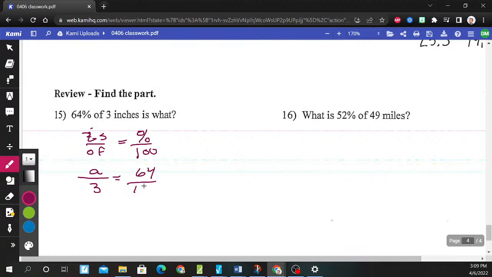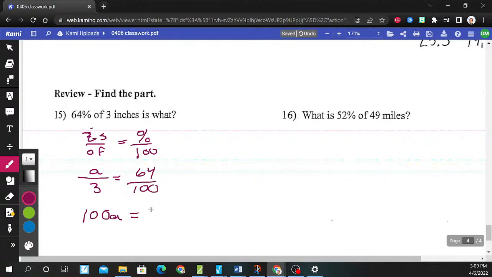And that equals 64 times 3 is 192. Divide both sides by 100. And that gives us 1.92 inches equals the unknown part.